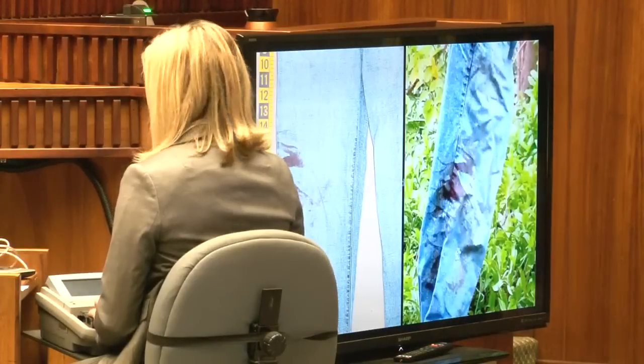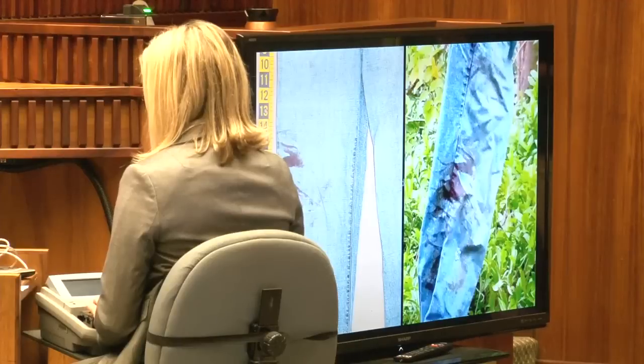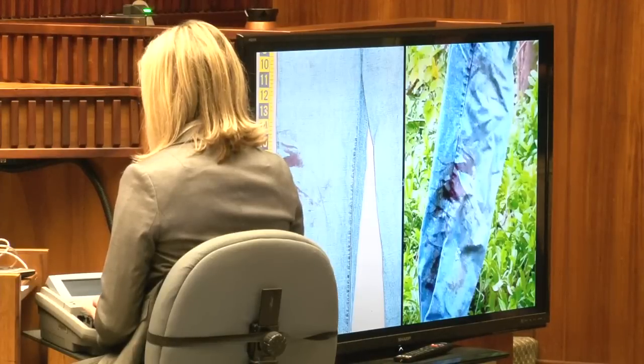Okay, I'm going to show you another photograph that's on the same angle of the pair of blue jeans.